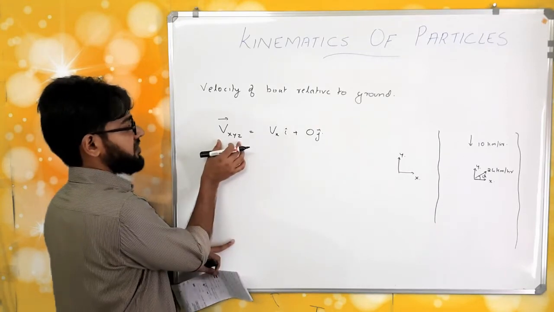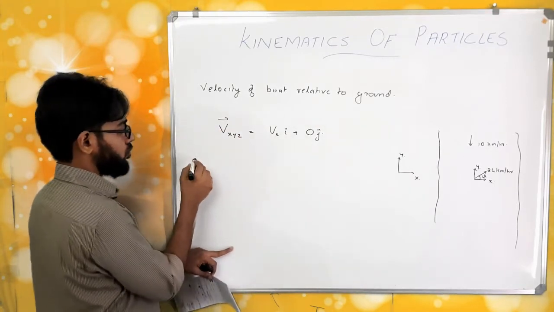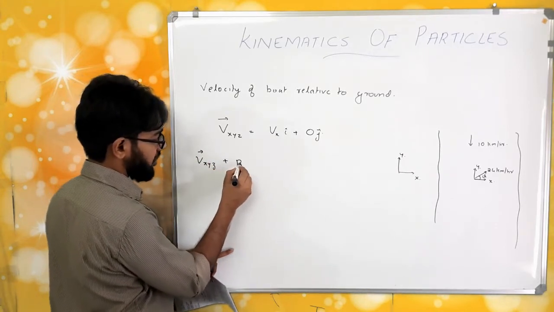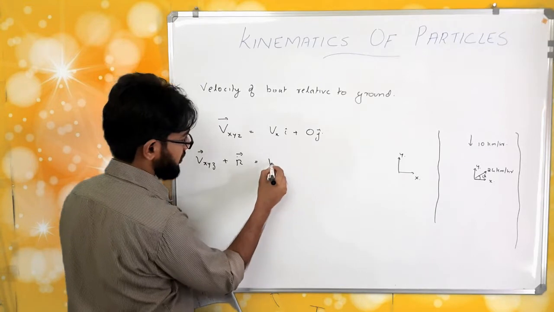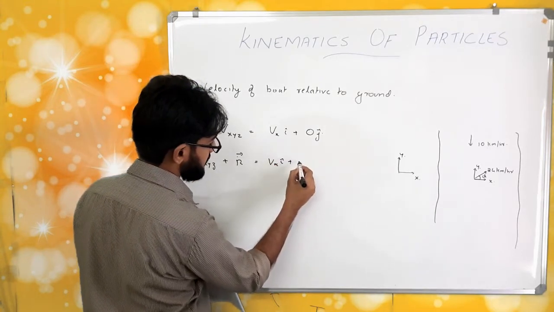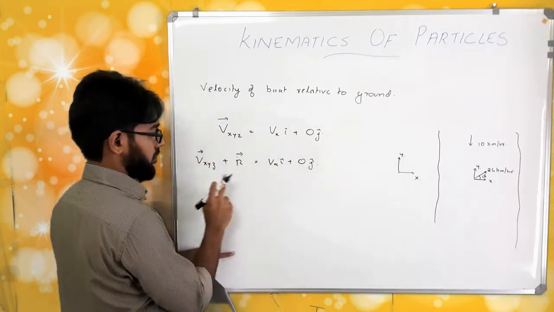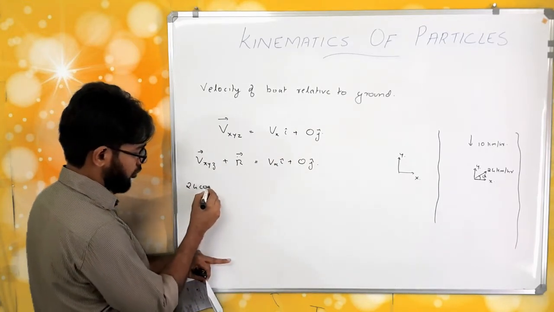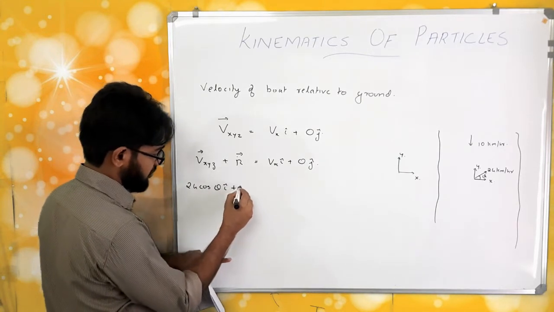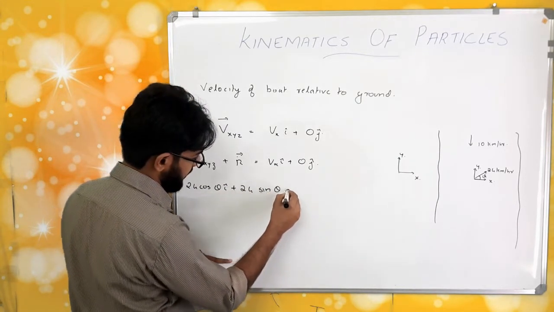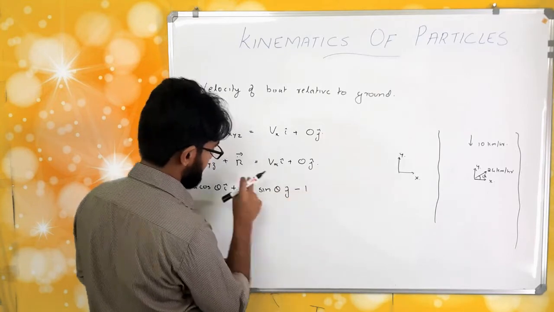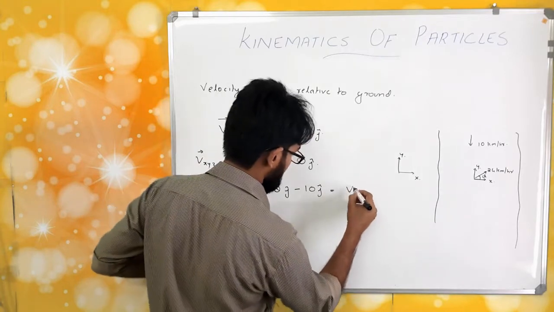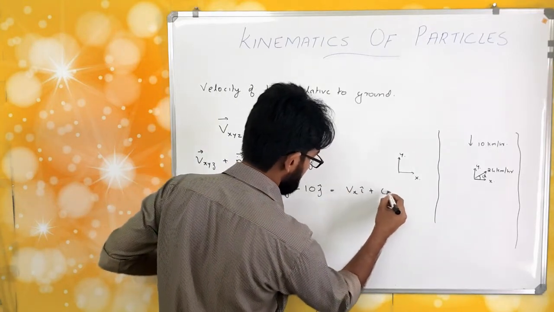But Vx vector is also equal to V small xyz vector plus r dot vector. V vector xyz is equal to 24 cos theta into i cap plus 24 sin theta into j cap, and r dot vector is minus 10 j vector, which is equal to Vx into i cap plus 0 into j cap.